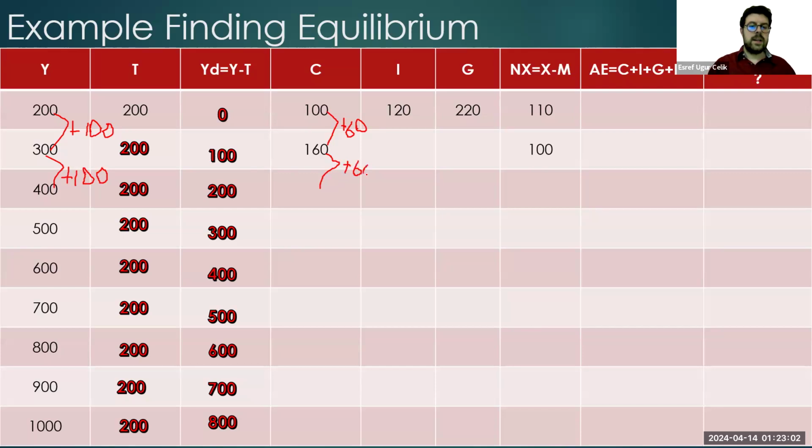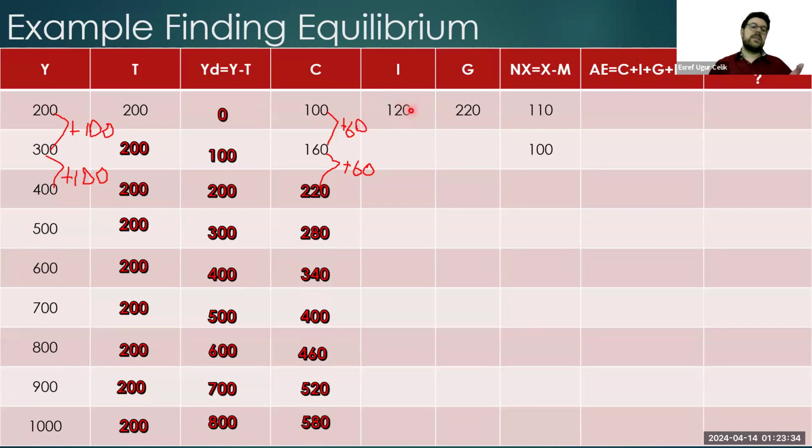And the total income always changes by 100, so consumption always increases by 60. Always increase 60 because the change of income is equal to 100.